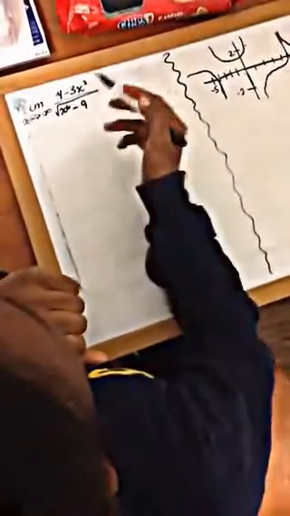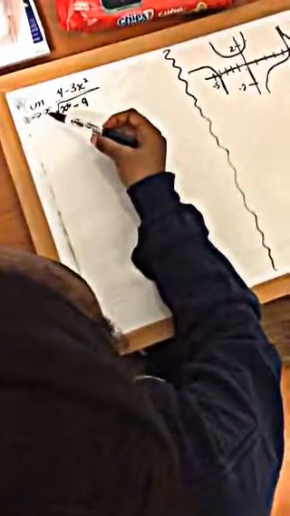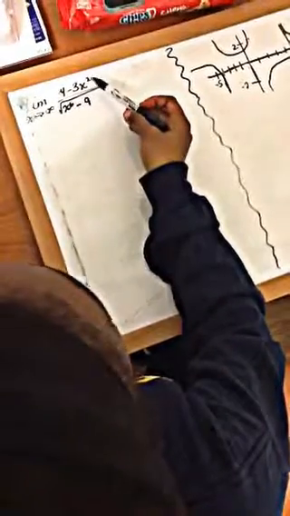Okay, I'm going to find the horizontal asymptote of the function, the limit of 4 minus 3x squared over the square root of x to the 6 minus 9. The first thing I'm going to do is substitute infinity in the highest exponent of the numerator and the highest exponent of the denominator.